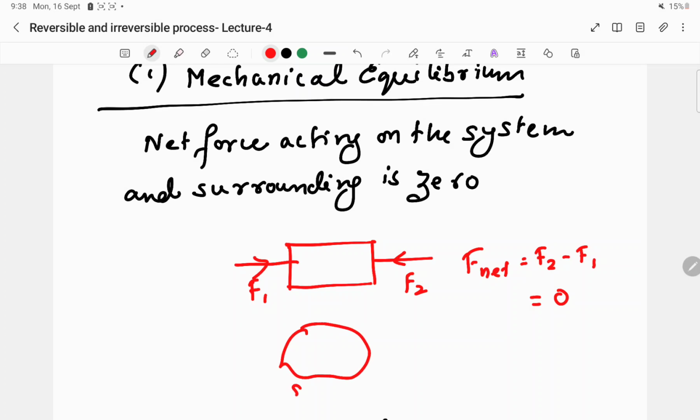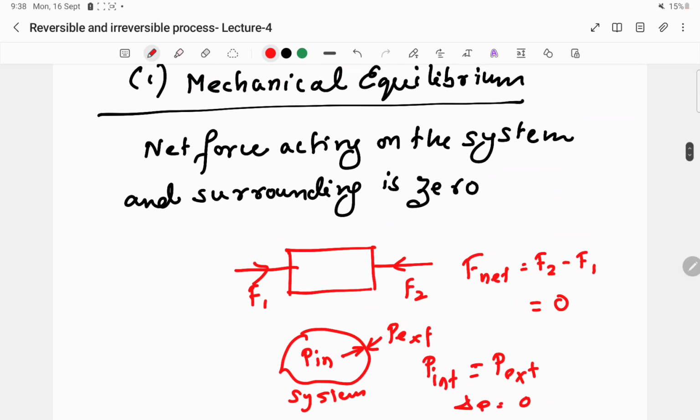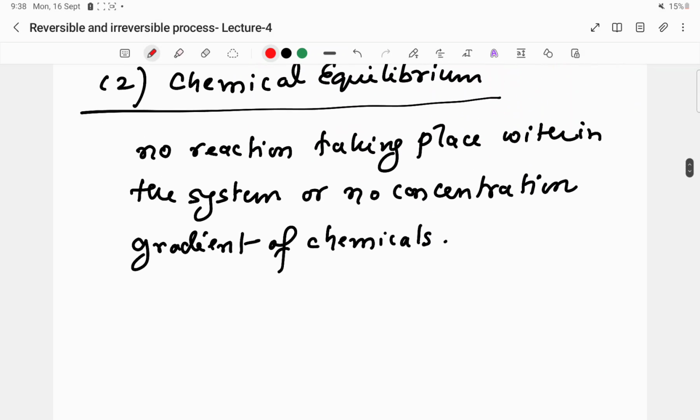Let's say this is a system and there is P in, meaning internal pressure, and the external pressure. P in is equal to P external, or you can say delta P is equal to 0. Then it means that it is in mechanical equilibrium, the first condition of thermodynamic equilibrium.